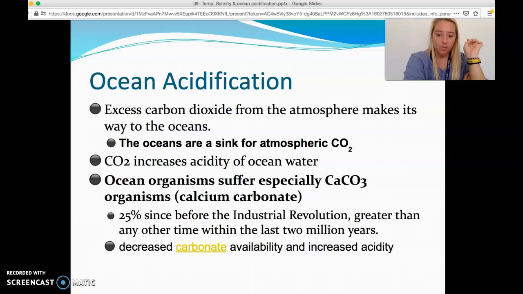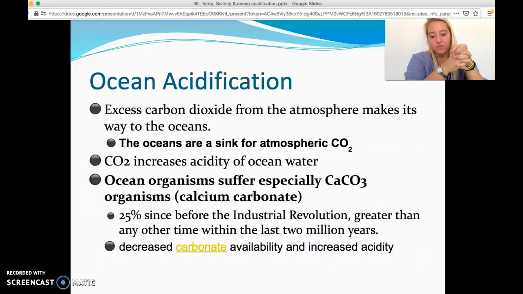So calcium carbonate, CO3, is an ingredient that mollusk is the only word that's coming to mind, but there are more organisms that have this in there, but think like seashells and mussels and oysters.